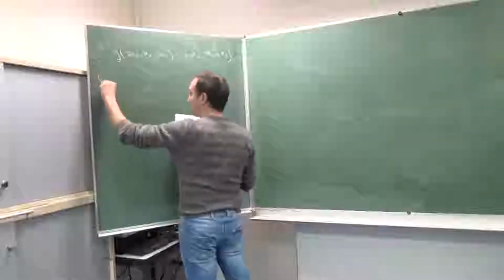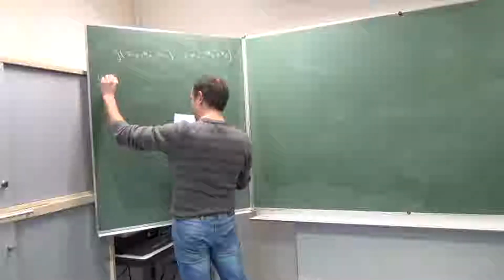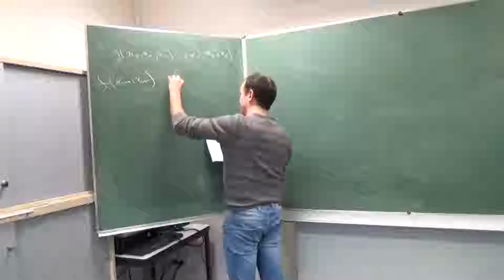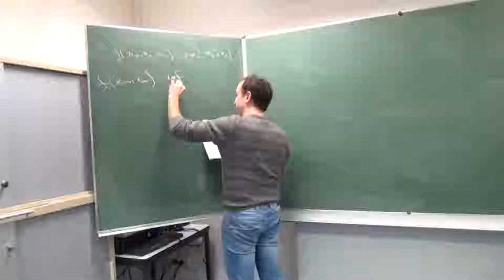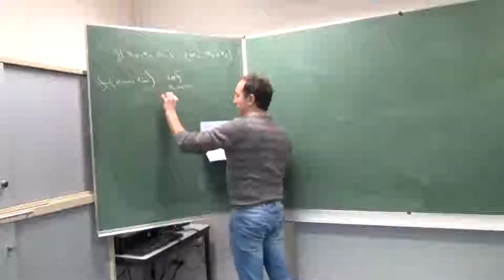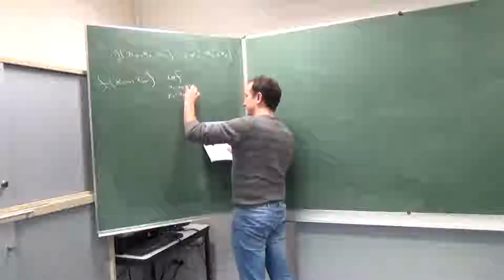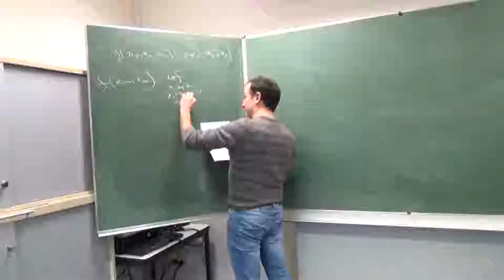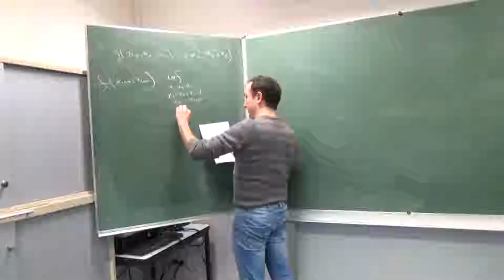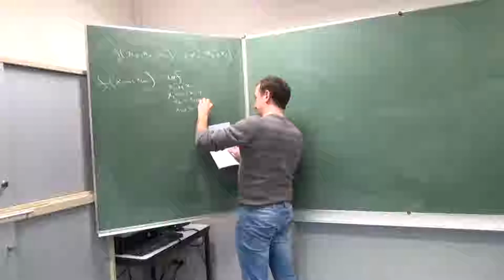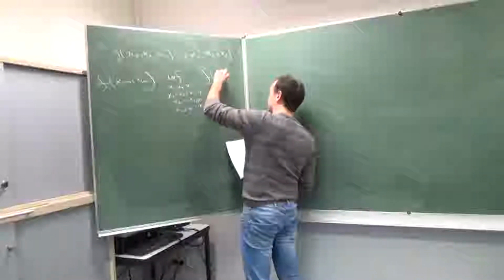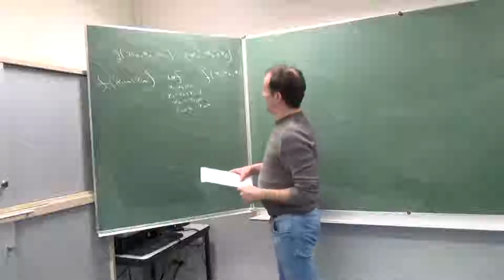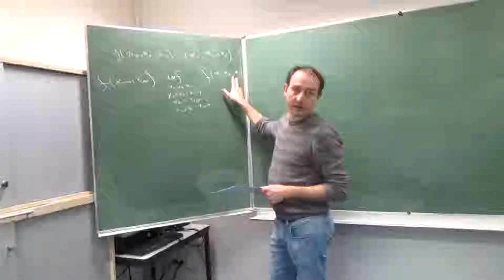So the statement is that f of x vowel, x consonant is given by the infimum over xa, xb, xc, which have to sum up to unity, and such that xa is x vowel and xb plus xc is x consonant, of the f of xa, xb, xc.